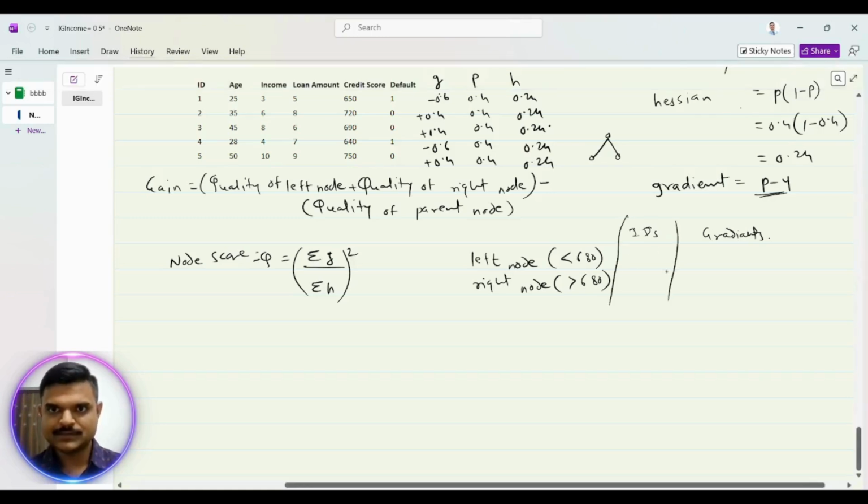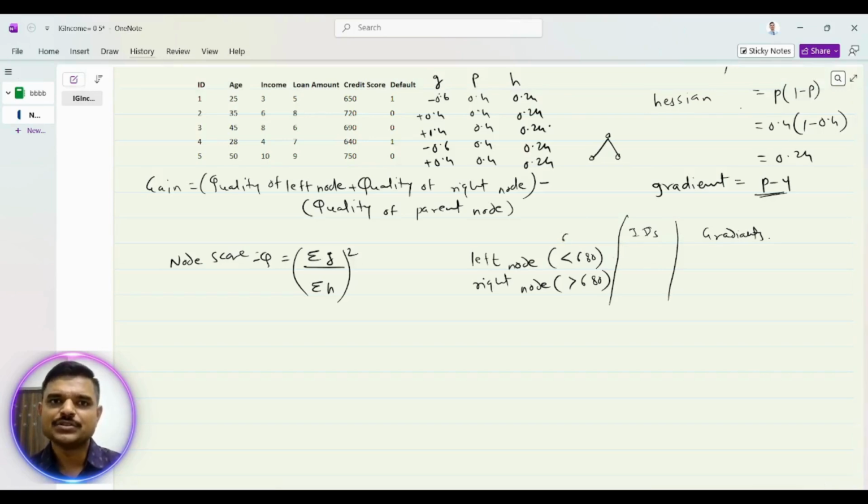So here we can see these are credit scores. Less than 680 means you can see ID number 1 and 4. And for 680 and above, ID numbers 2, 3, and 5. Okay, and what are their gradients?